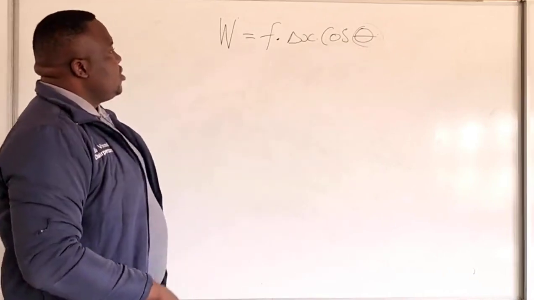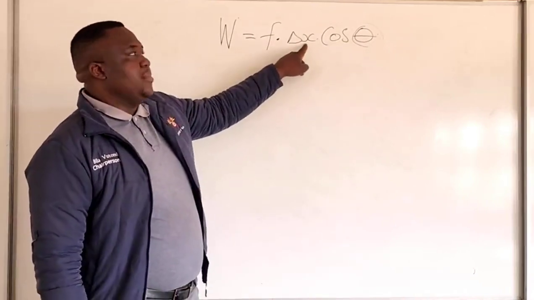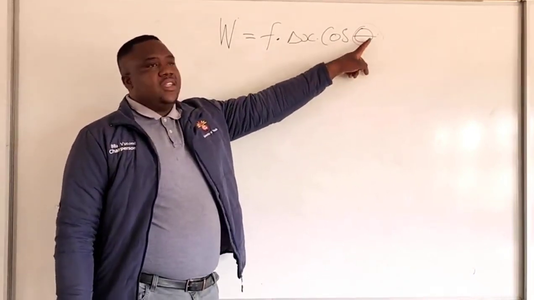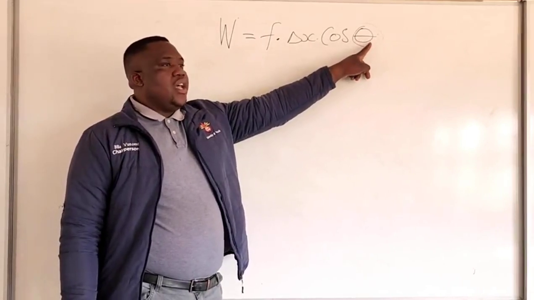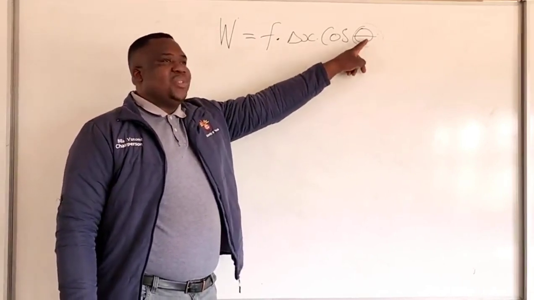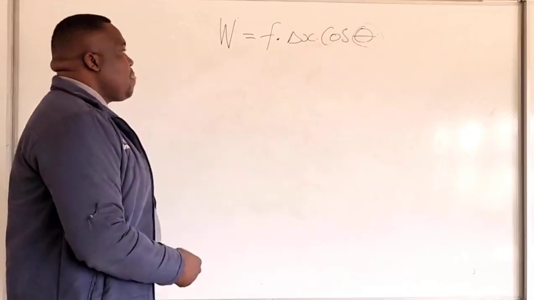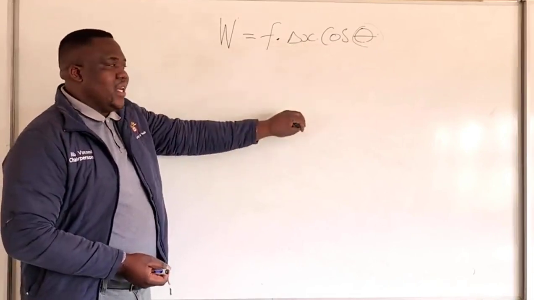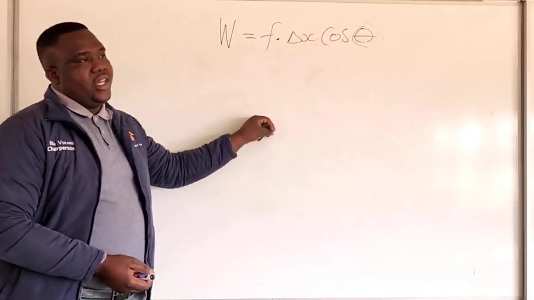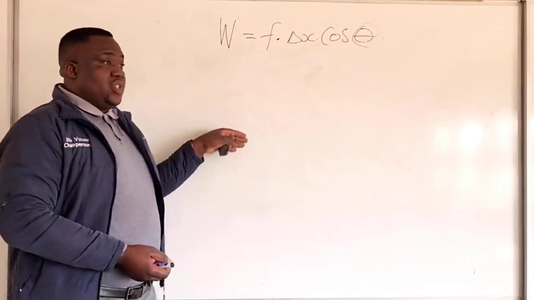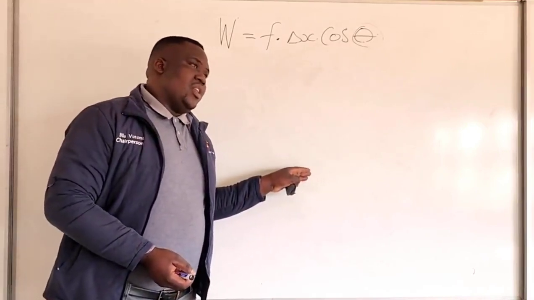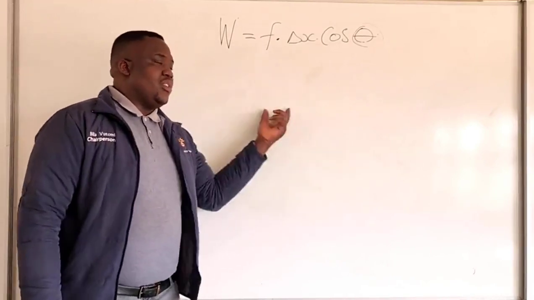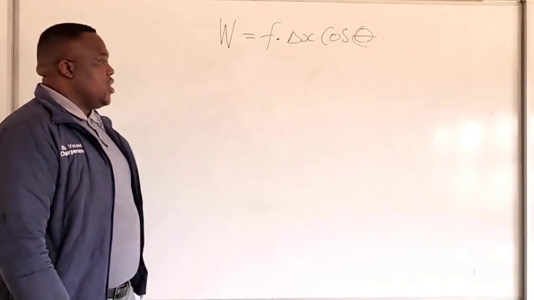So work is force multiplied by displacement multiplied by cos theta. Displacement simply means the distance that an object moved when the force was acting on the object.